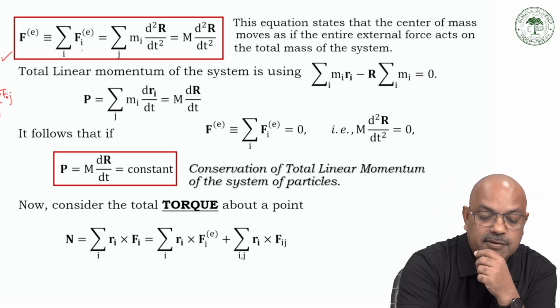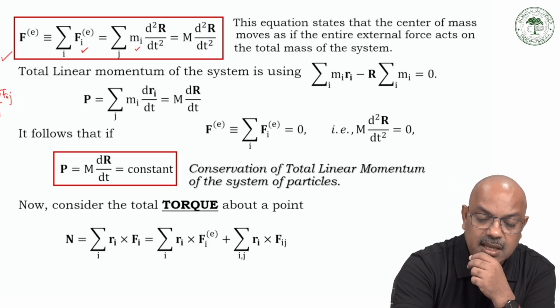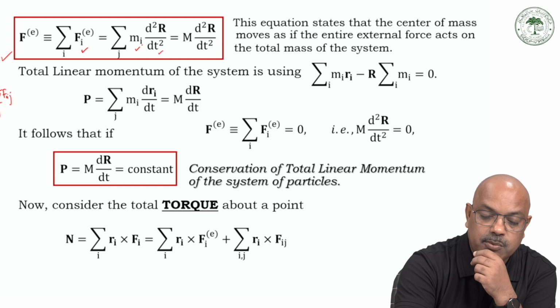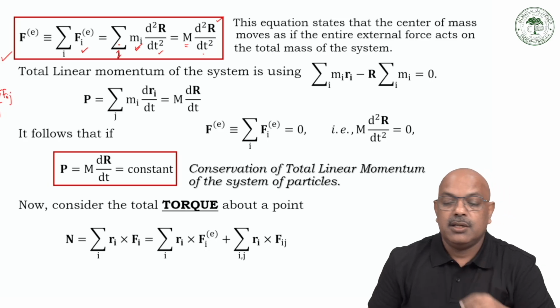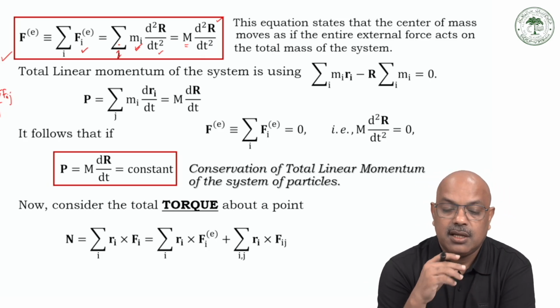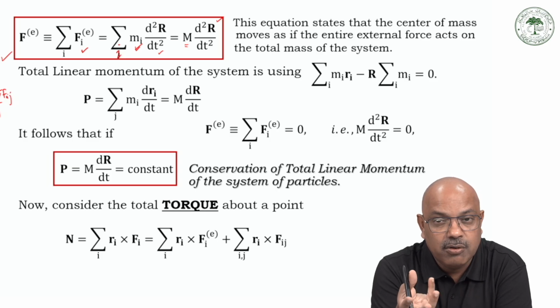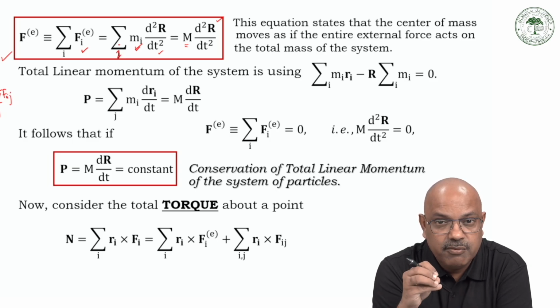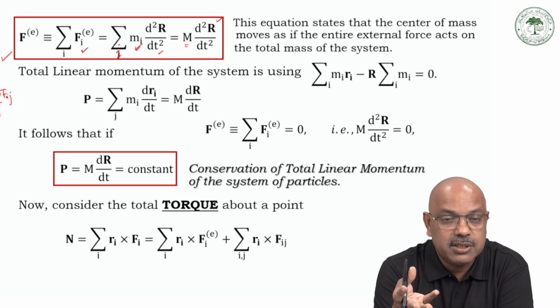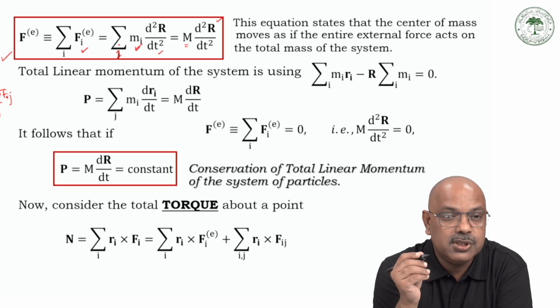So I have the external force acting on the system, the sum over mi d²ri upon dt², which is the total mass times d²R upon dt². This equation tells you that the total external force is acting on the center of mass, where you suppose the total mass of the system is concentrated, a virtual position.